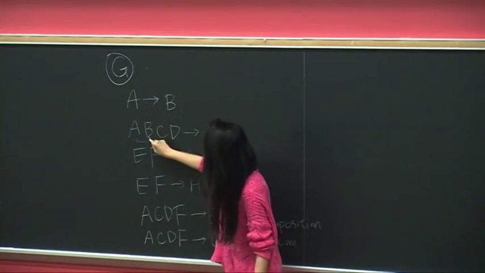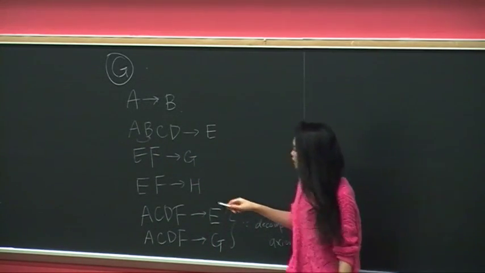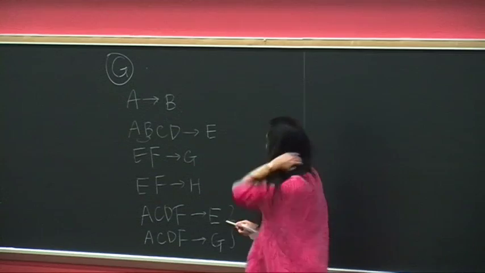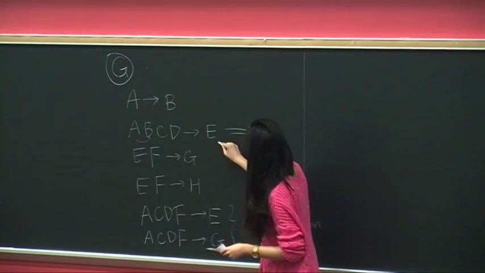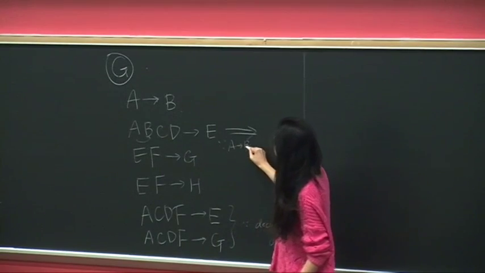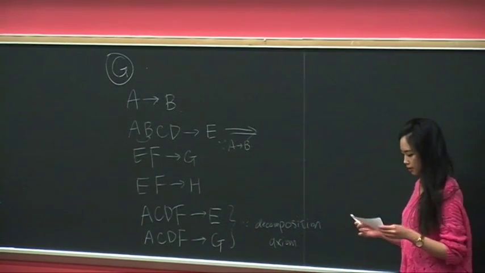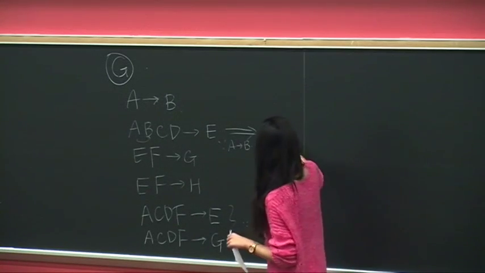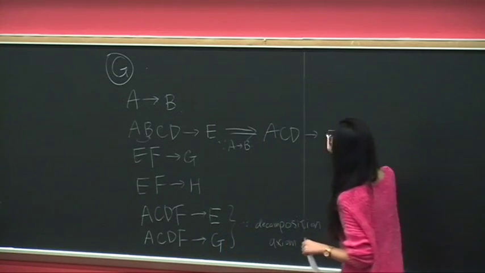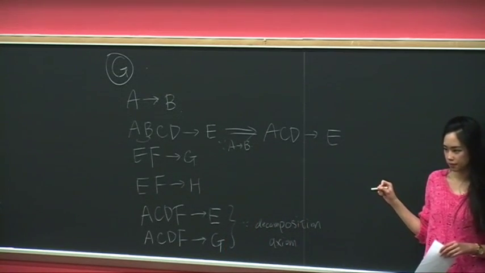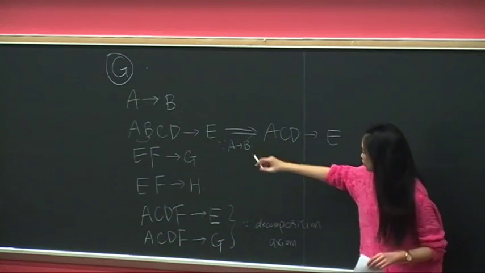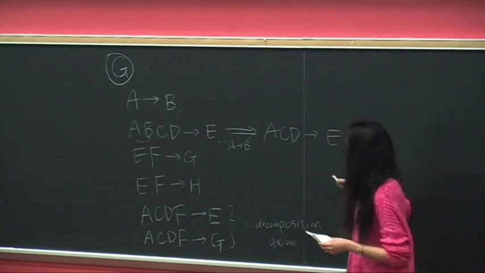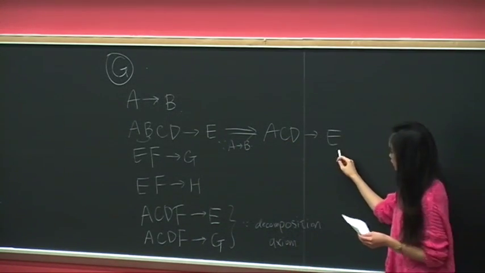So do you think it's necessary for us to write A, B, C, D together determining E? How can we make it even simpler? A, C, D. We don't need the B being here, because of A determining B. Correct? Okay, so from there, we transform it into here.